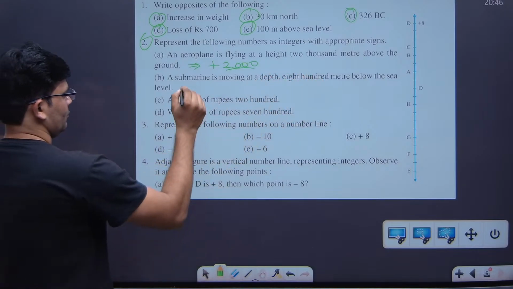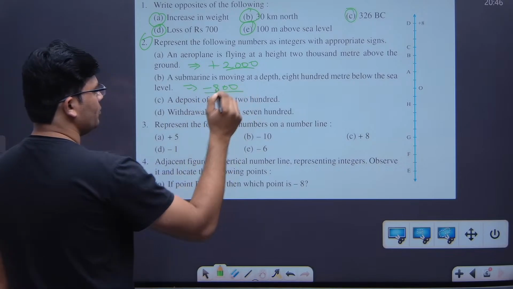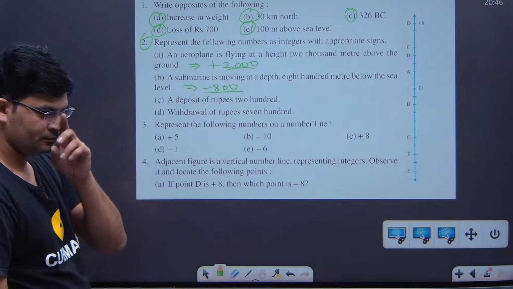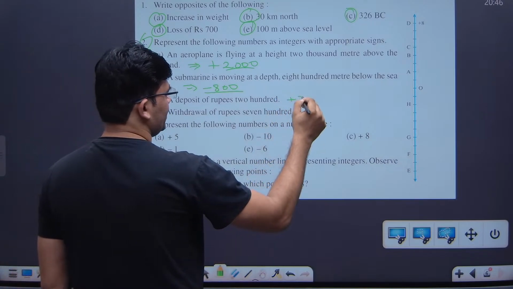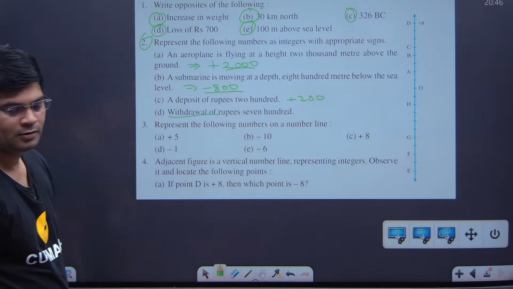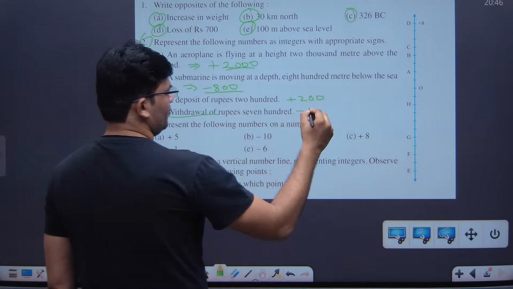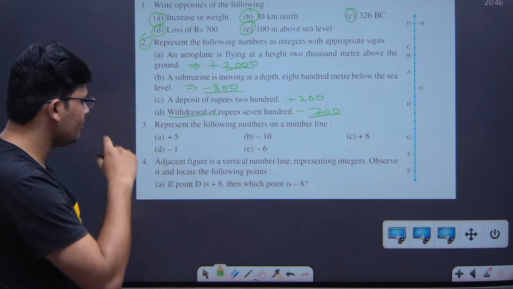Minus 800. Wonderful. A deposit of rupees 200. Plus 200. Deposit means it is going to be plus. Withdrawal of rupees 700. Minus 700.